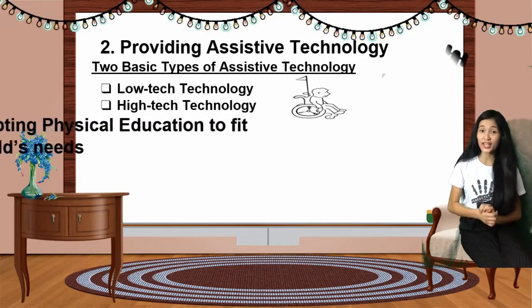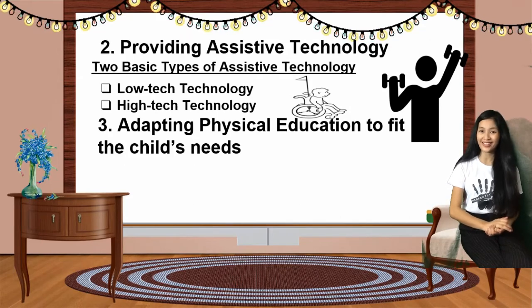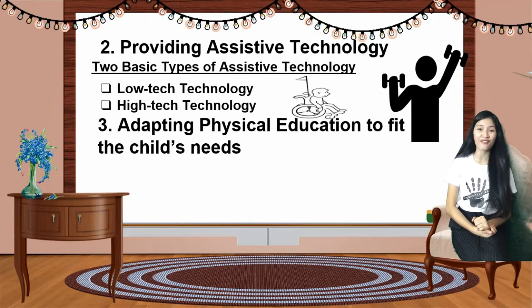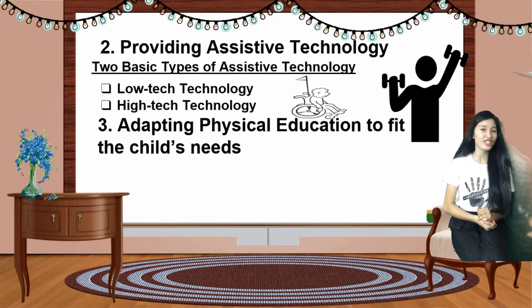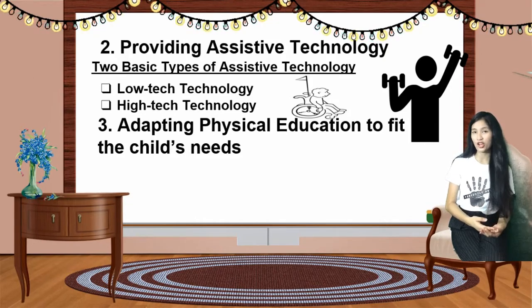Another intervention is adapting physical education to fit the child's needs. Children with orthopedic impairments have unique physical needs, and their need for physical activity is just as important as it is among their typically developing peers.